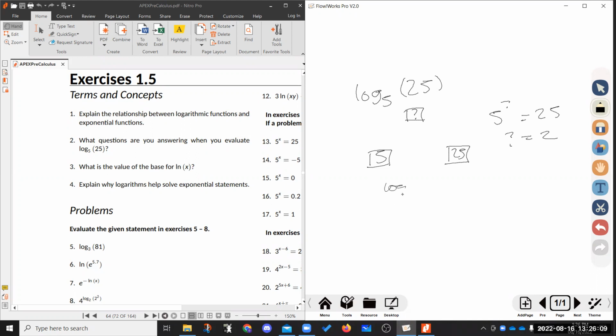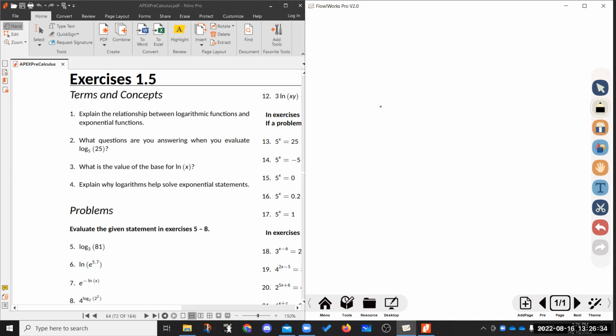Log base 5 of 25 is equal to 2 because log base 5 of 5 squared is going to be equal to 2 times log base 5 of 5. Log base anything of itself is always 1. 2 times 1 is 2.